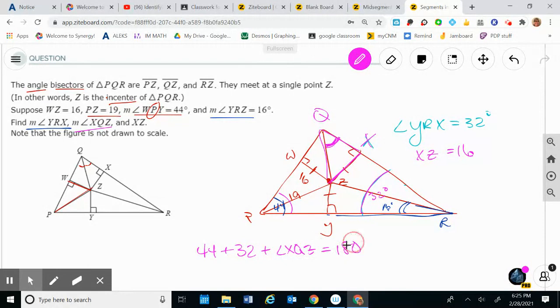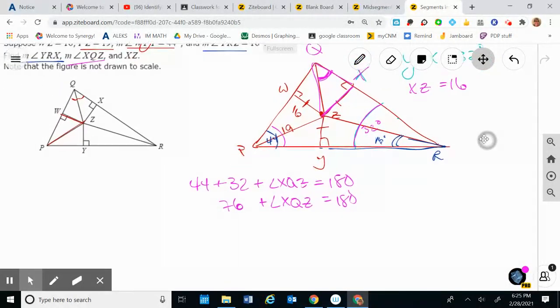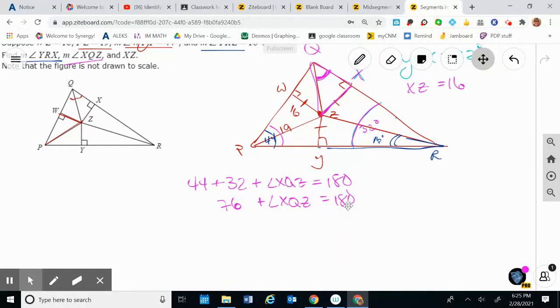All you have to do is add these together. 76 plus angle XQZ equals 180. And then you subtract. That's 104. XQZ. Done.